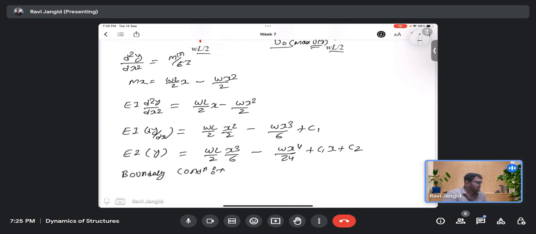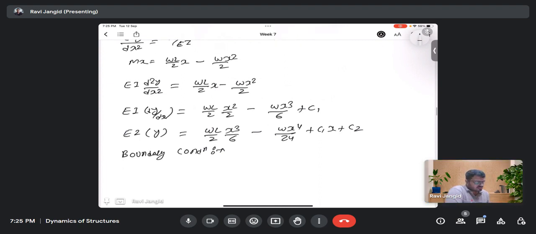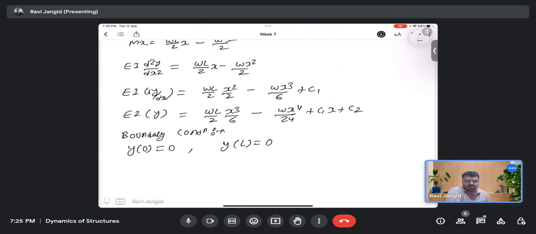So can you tell me what are those boundary conditions for this? At x equal to 0, y equal to 0. At x equal to L, y equal to 0. So we have these boundary conditions. Or alternatively, we can use at x equal to L by 2, theta equal to 0.